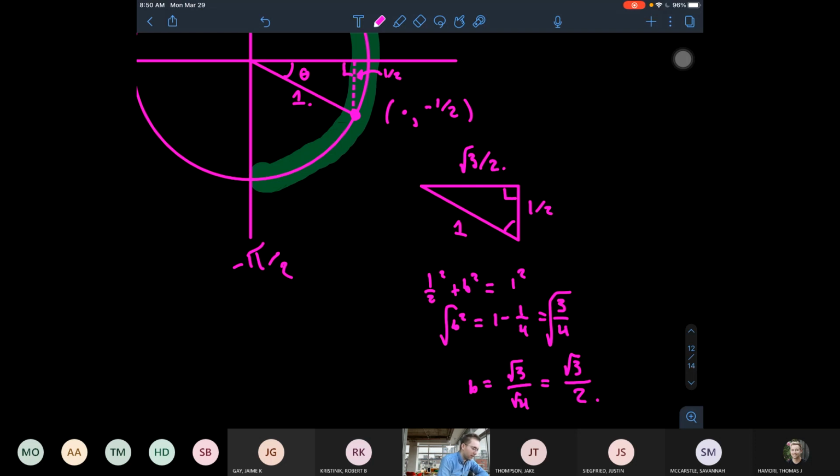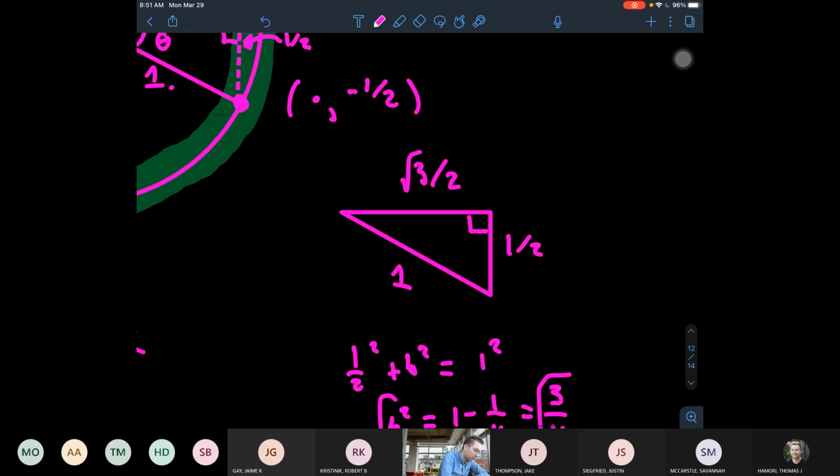Okay, and hopefully at this point, you recognize that the relationship between these three sides is satisfying a special right triangle, because we are going to need to know the angles inside this triangle in order to find out what the angle theta is. So I know that there's three angles in here. One of them's 30, one of them's 60, one of them's 90. And I know that across from the smallest angle should be the smallest side length.